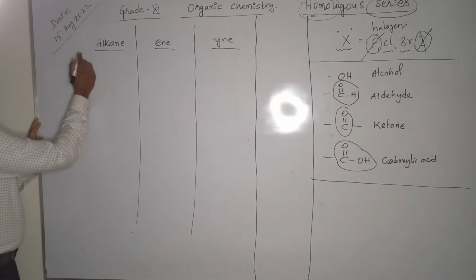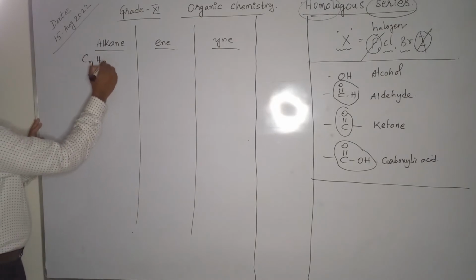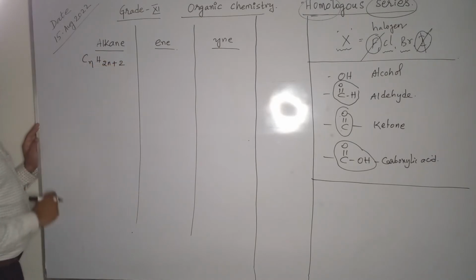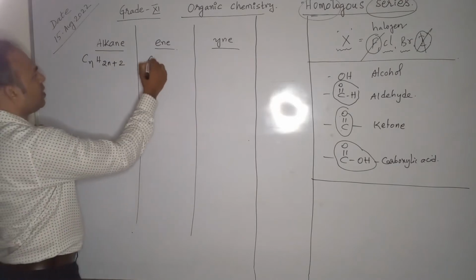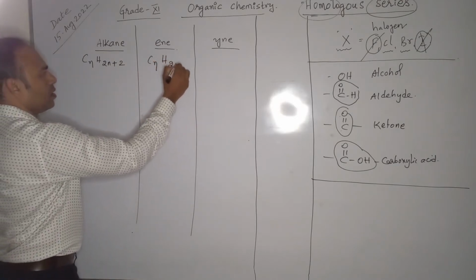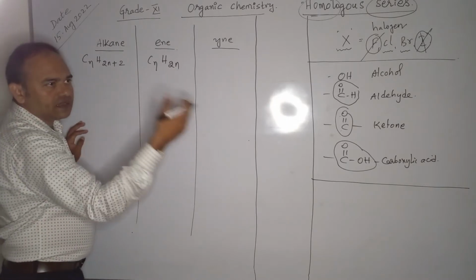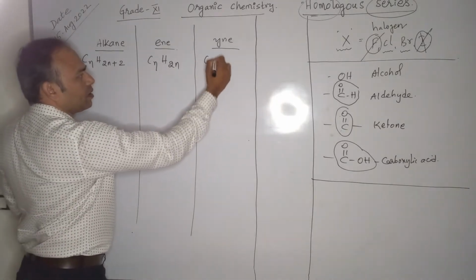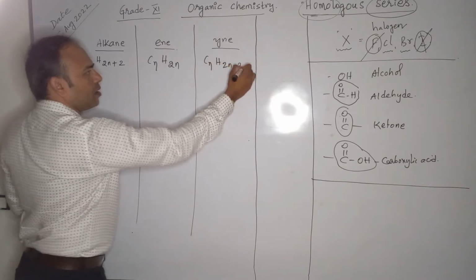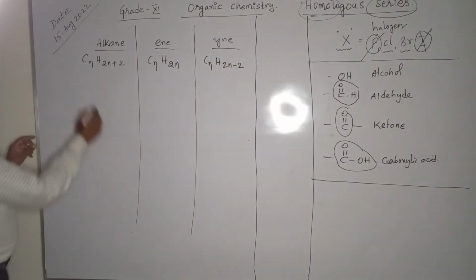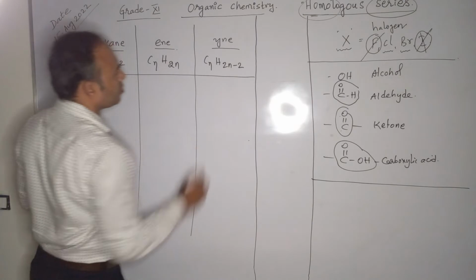You know the general formula, CnH2n+2. Now remove 2. What will you get? CnH2n. So I have subtracted 2. And from here again subtracting 2, what will you get? CnH2n-2. So I have got the general formula also.